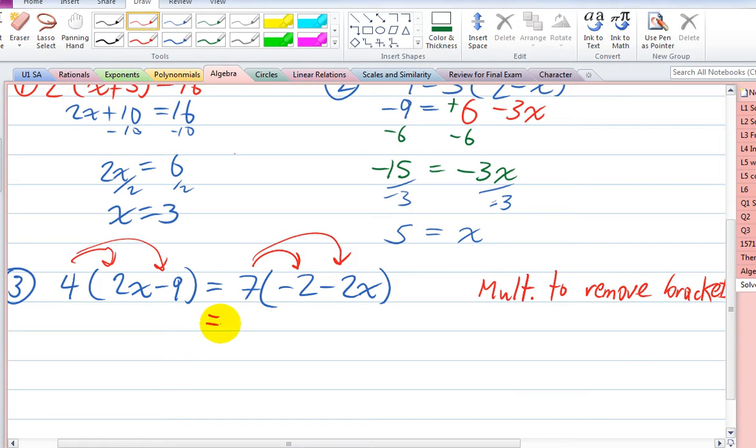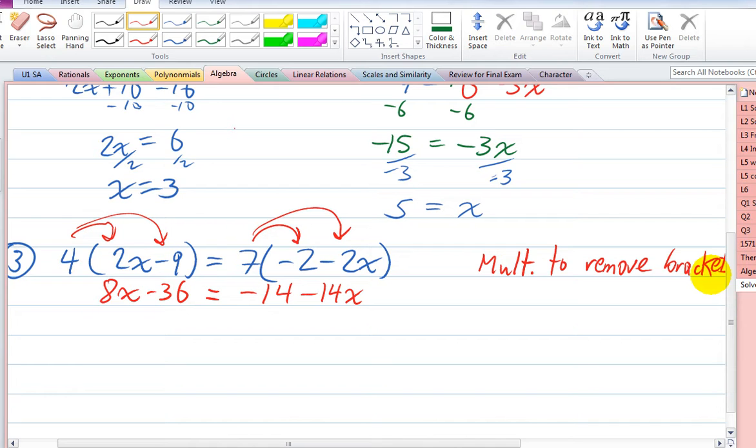Go ahead, write the answer below. Okay, so 8x minus 36 equals negative 14 minus 14x.